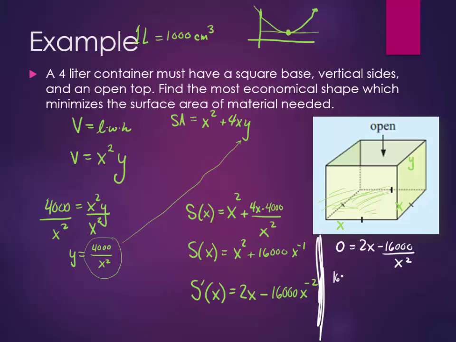We get 16,000 over x squared equals 2x. Can we get rid of this x squared on the bottom? How do we do that? Multiply by, there you go, multiply both sides by x squared.